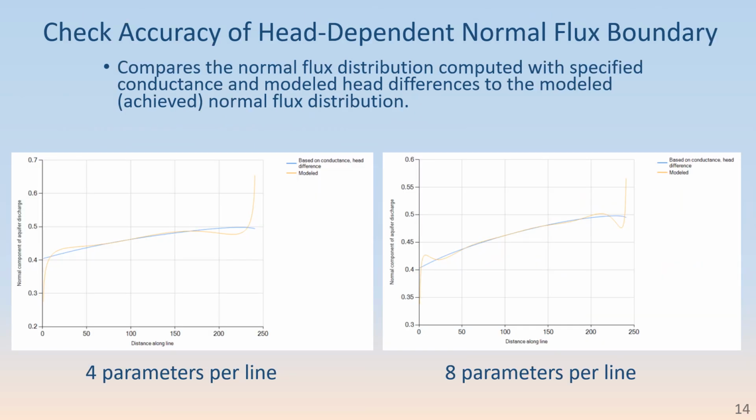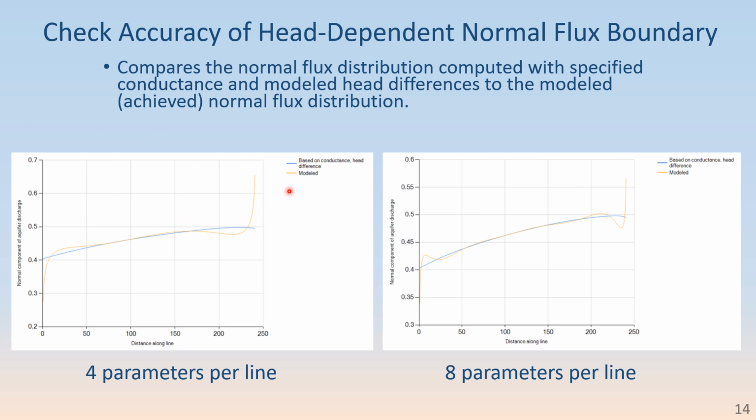When you check the accuracy of a head-dependent normal flux boundary, Anaqsim computes 2 things, the modeled normal flux and a normal flux computed based on the specified conductance, the specified head, and the modeled head at the boundary itself. That would be the blue curve in this plot.